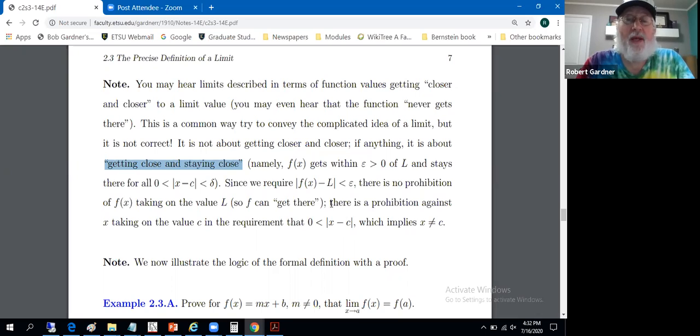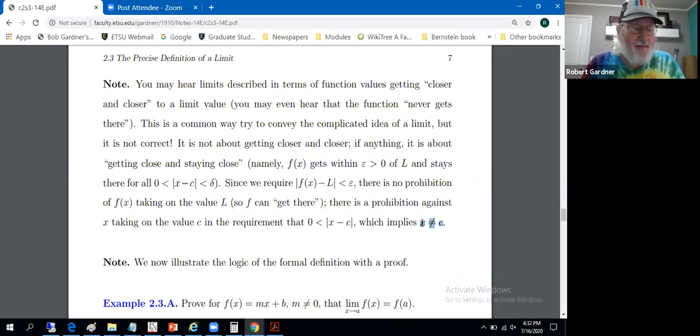There is a prohibition against x taking on the value c in a limit. So we've said 0 is less than the absolute value of x minus c. That means x doesn't equal c. The x equals c value is not part of the story of a limit. x close to c is the whole story. And how do you define close to?